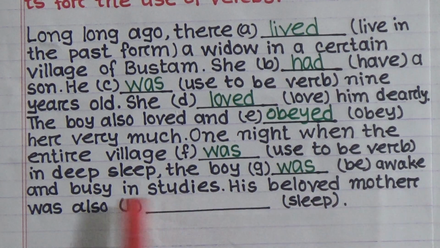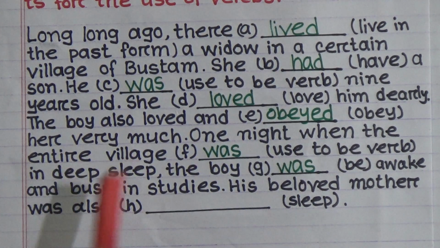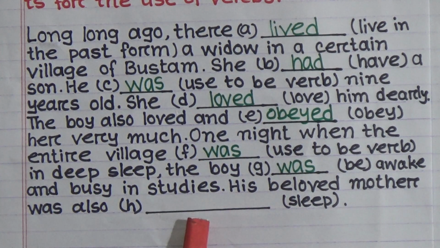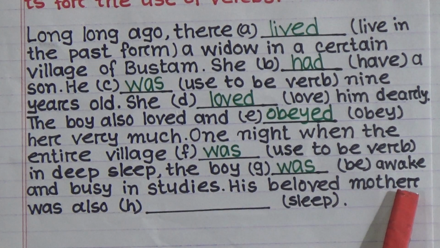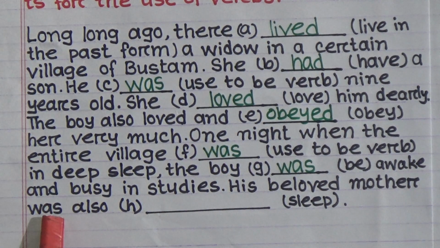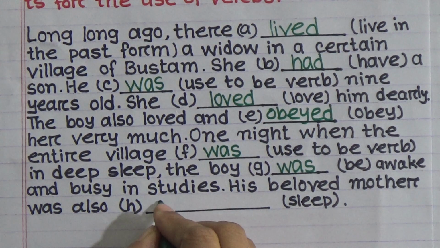His beloved mother was also dash, in bracket sleep. So students, here look, before the gap we find the verb was, and after was we have to use another verb, and we know the structure of past continuous tense: subject plus was or were plus ing with the verb, then object. So here you can see we have found the subject and then was, then we have to use ing with the verb, and it will be sleeping.